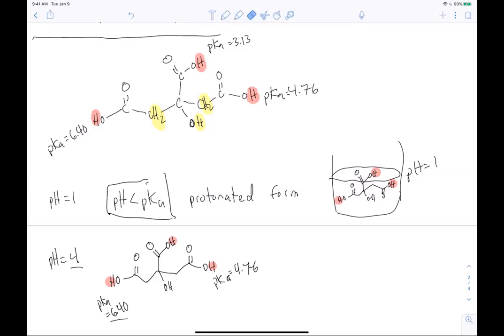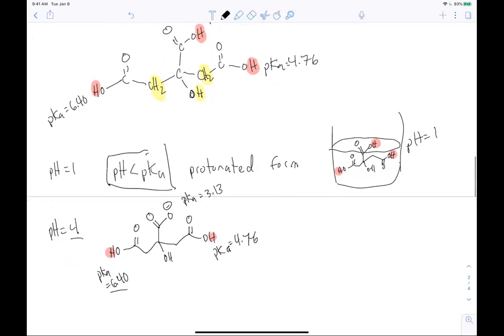This thing gets messier the closer you get to the pH, but here our pH is still less than the pKa, so this is going to be predominantly protonated as well. But when we come to the top one, where the pKa is equal to 3.13, now our pH is greater than the pKa, so this is going to be predominantly deprotonated. It's going to be in the minus form.